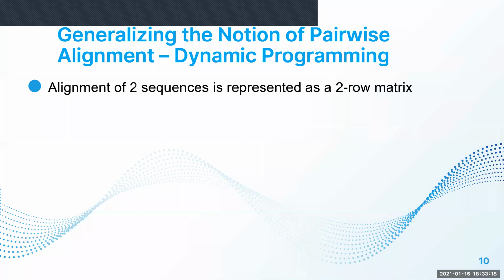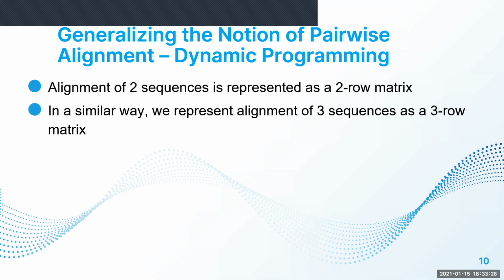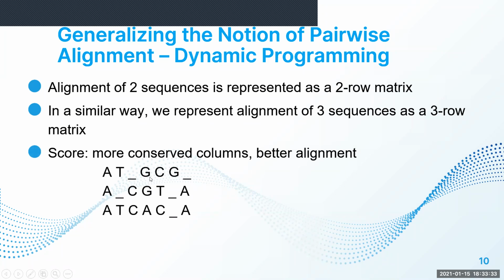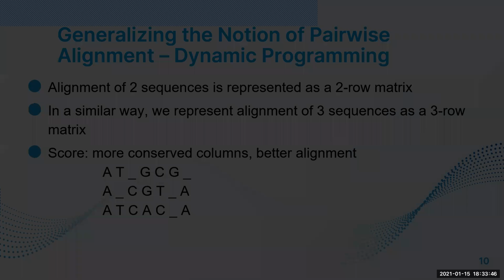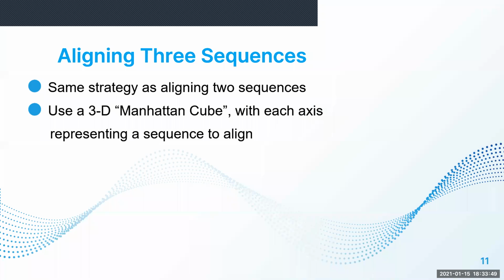If we consider dynamic programming, you guys have already done pairwise alignment. We can do the same thing for multiple sequence alignment also. Suppose we have three sequences like this. We can do the same thing as we did for the previous pairwise alignment. The thing is, if we have three sequences, we're going to work on a 3D cube.